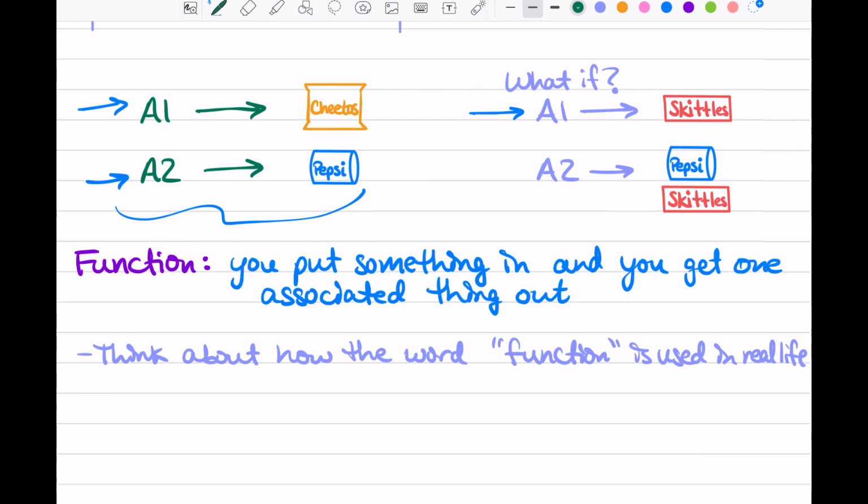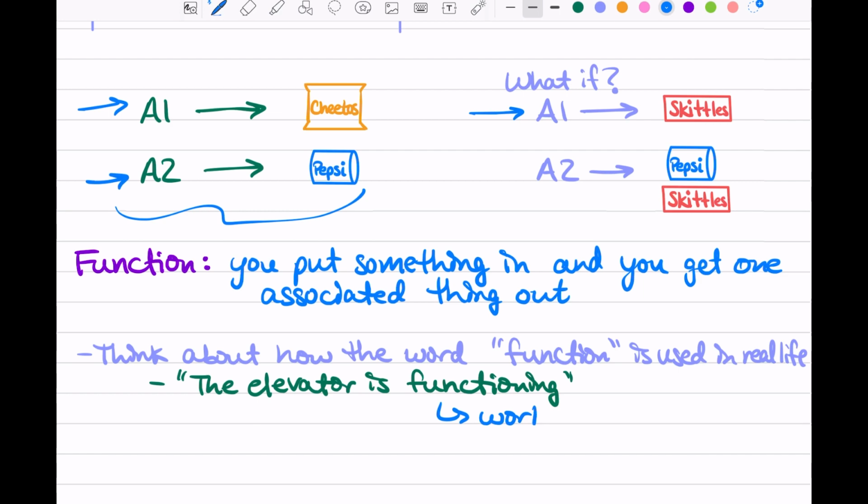And if it takes you to the 3rd floor, you can say the elevator is functioning. Or in other words, our elevator is working properly. If you punched in that 3 and it took you to the 8th floor, well, the elevator's not functioning. It's not working properly, because putting in that 3 is associated with taking you to the 3rd floor. You put something in and you get one associated thing out.